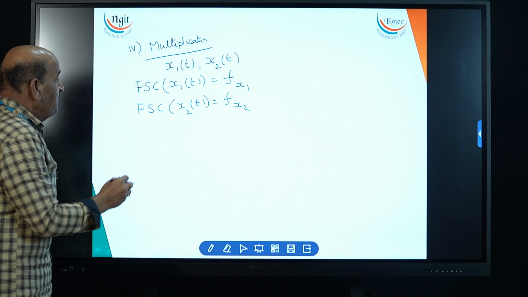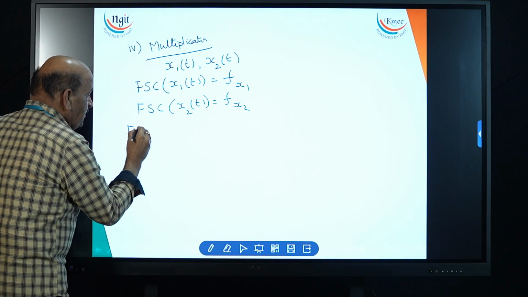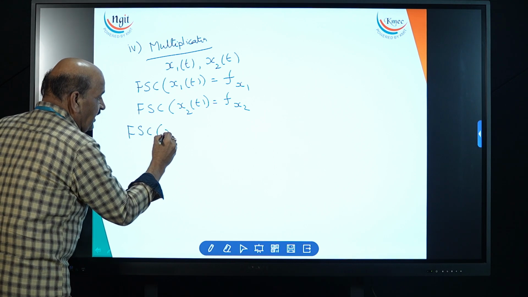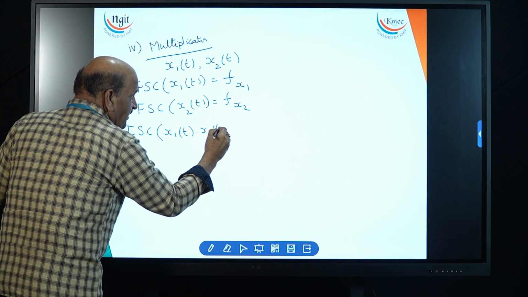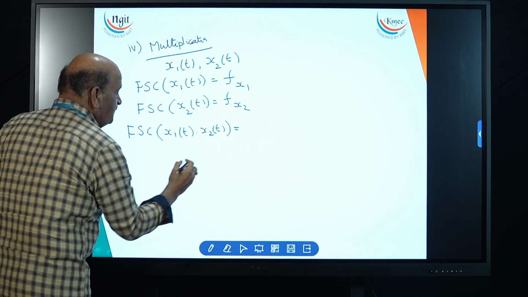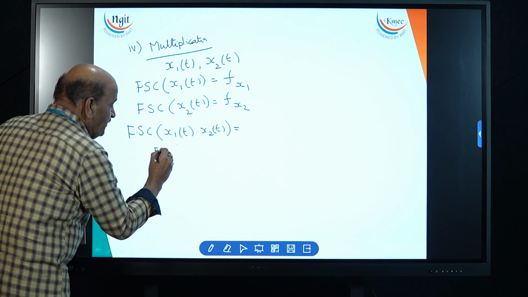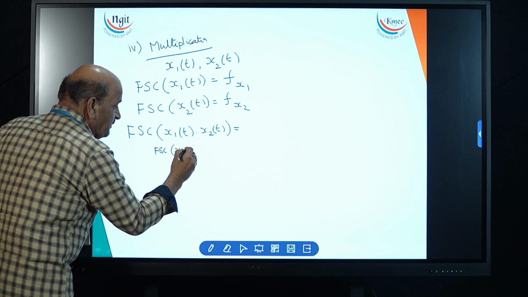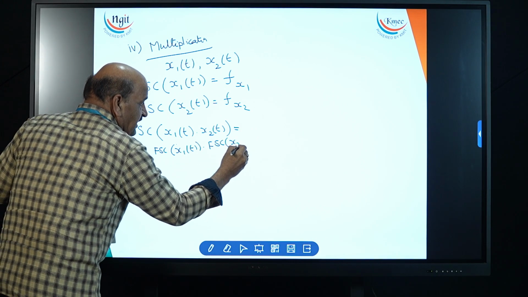Now we are discussing multiplication. The Fourier series coefficient of x1 of t multiplied with x2 of t is equal to the Fourier series coefficient of x1 of t into the Fourier series coefficient of x2 of t.